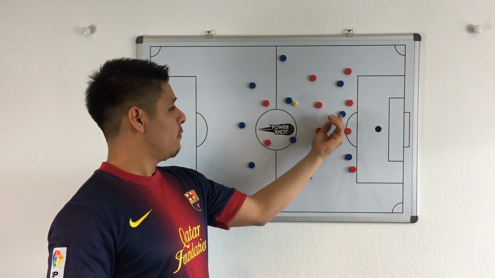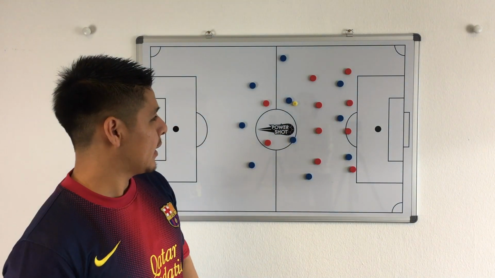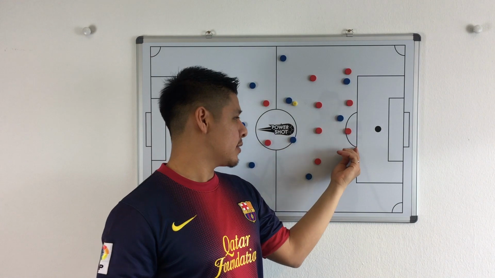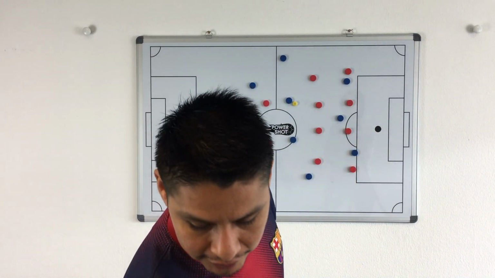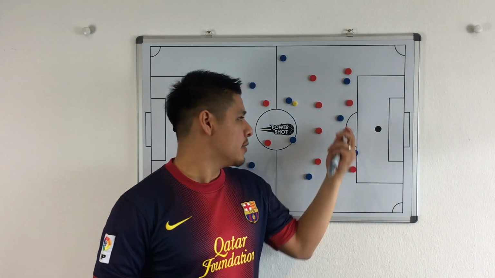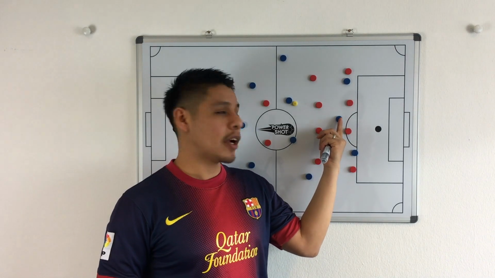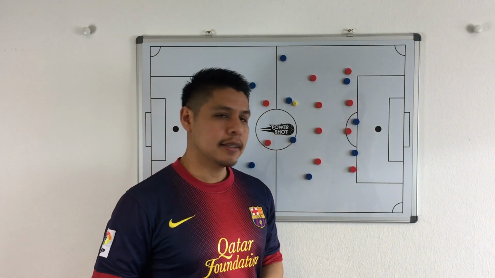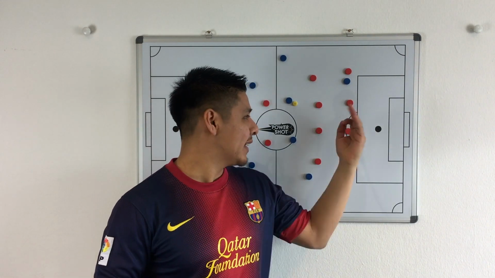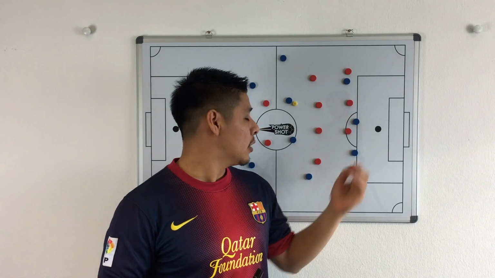So our false nine is essentially a striker that is unconventional, so to speak, because this is not a typical striker that stays at the point in line with the defenders.